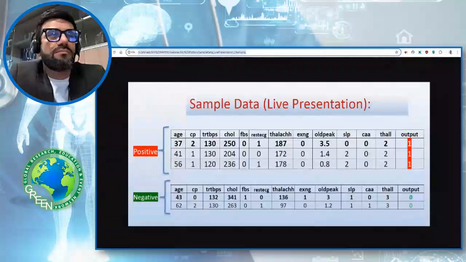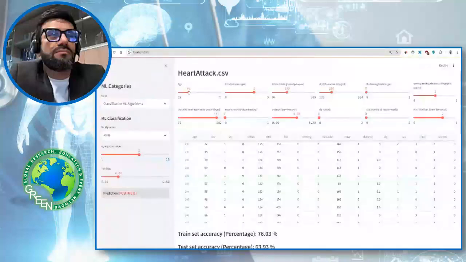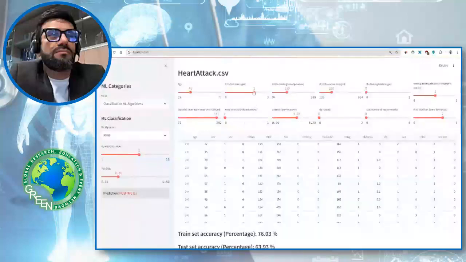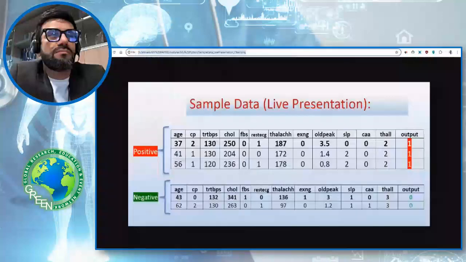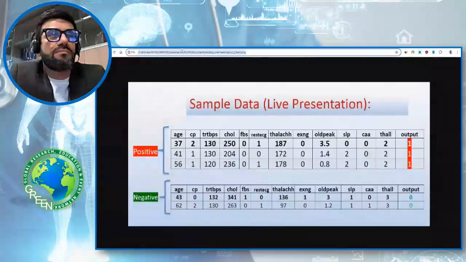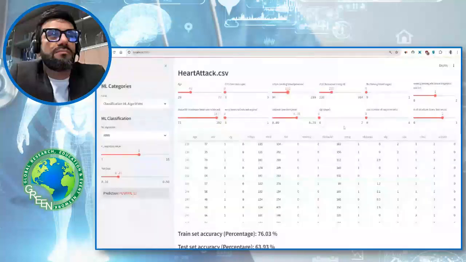So I have to change the age to 43, and the CP comes to around 0. The TRTBPS is around 132. The cholesterol comes to around 341.